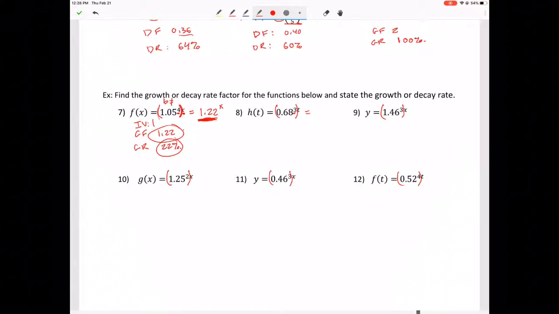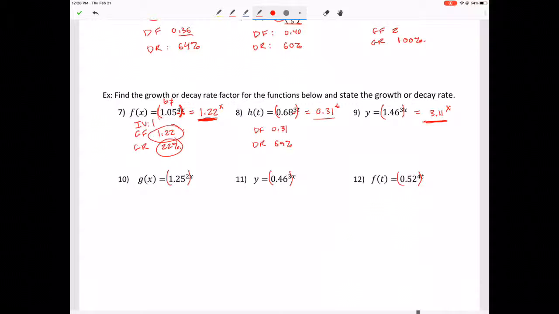Okay, so these ones, you will just plug them into your calculator, 0.68 to the third, that gives you 0.31, okay, and then we would just say, oh, that's decay factor is 0.31, and decay rate is 69%.